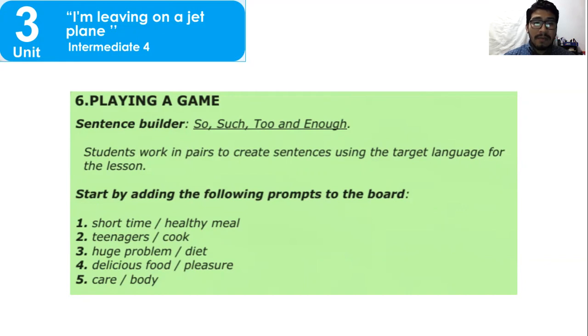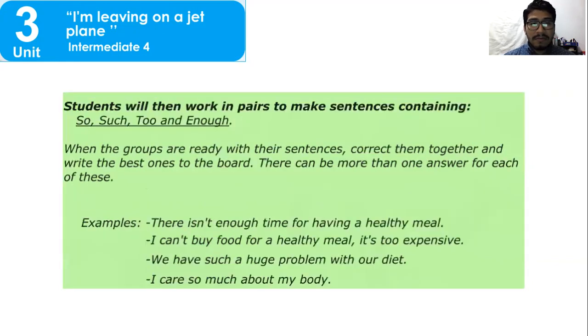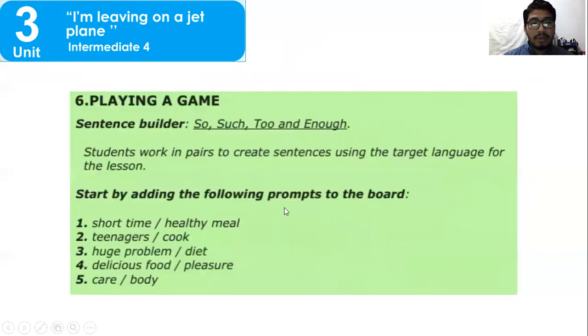Okay, let me give you an example. When you're ready to do it, we have to create some examples. For example, in a negative sentence: there isn't enough time for having a healthy meal. It was short time, healthy meal.